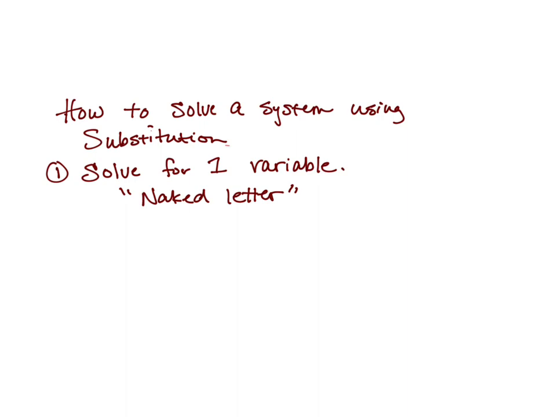Once you solve for that variable, you're going to substitute for it. Substitute into the other equation. Now, your other equation is going to look longer, but it's only going to have one variable.